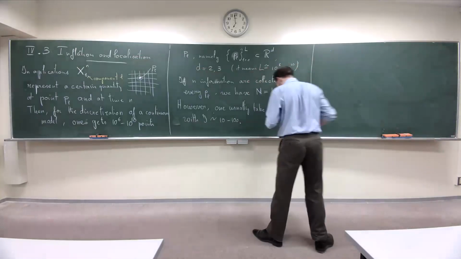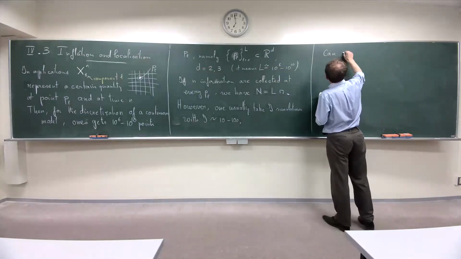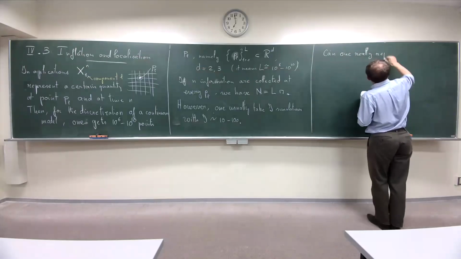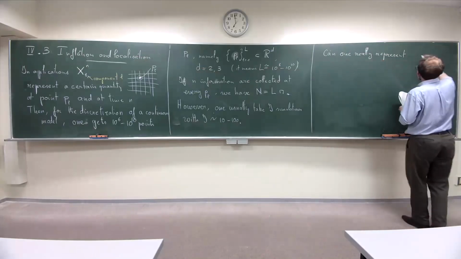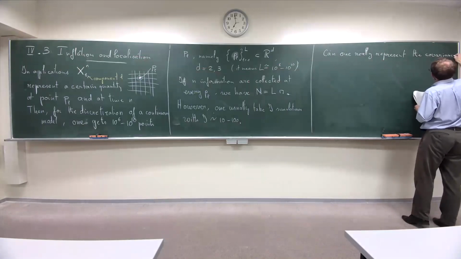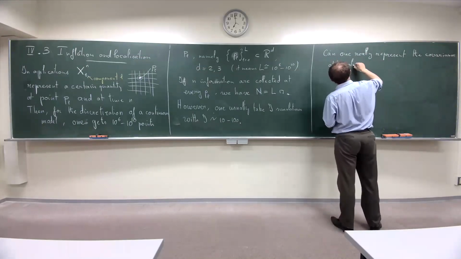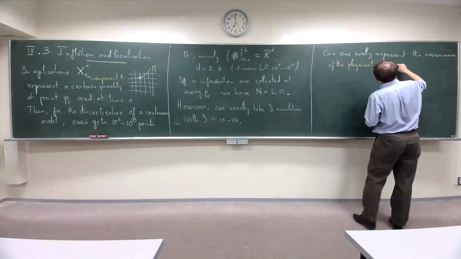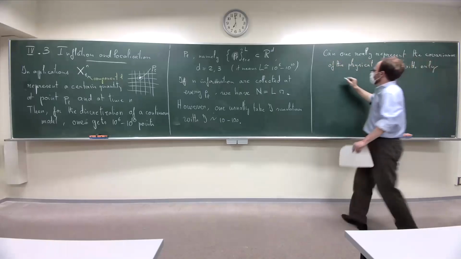So the question is, can one really represent the covariance of the physical system with only J simulations?